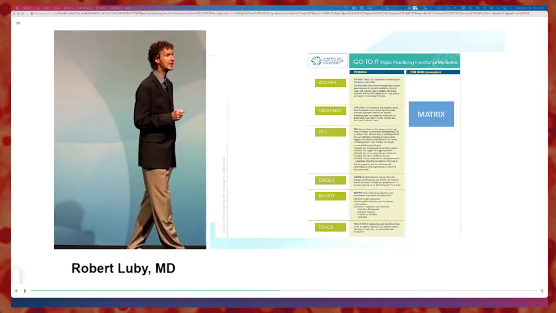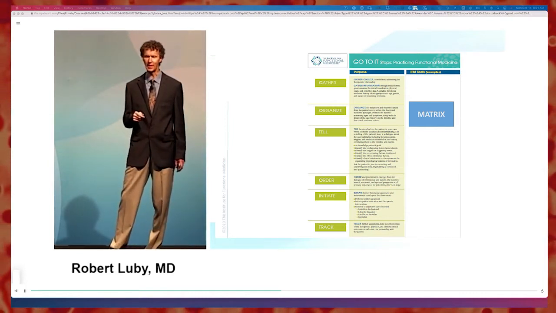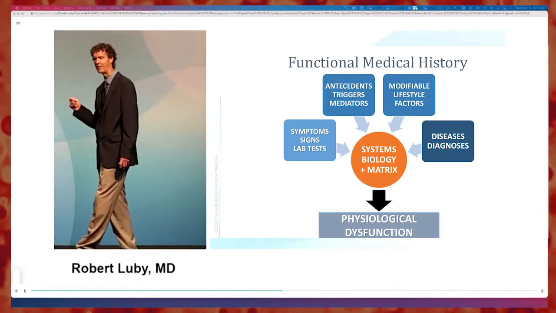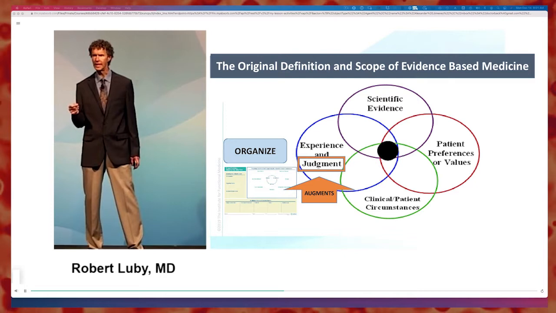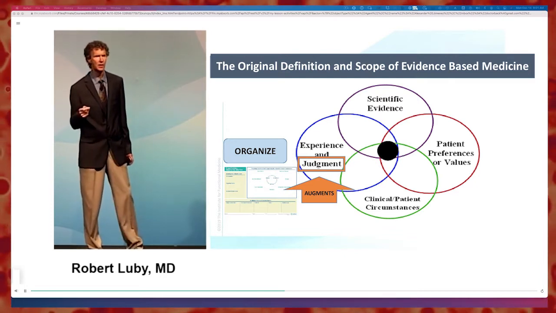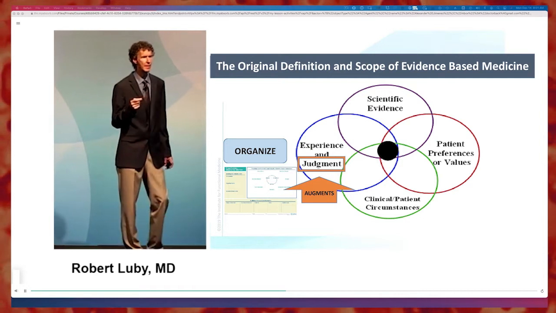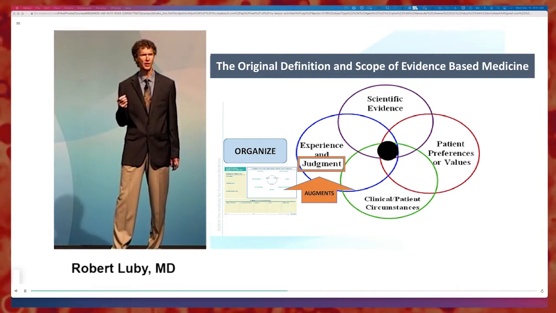So in the organized step, you're going to focus on that matrix, especially the ATMs and the MLFs. You're going to filter it through now your systems biology thinking to get at physiological dysfunction. That's your holy grail. How does this relate to the original definition of evidence-based medicine? The way you organize on the matrix, when you do it effectively, augments your clinical judgment.